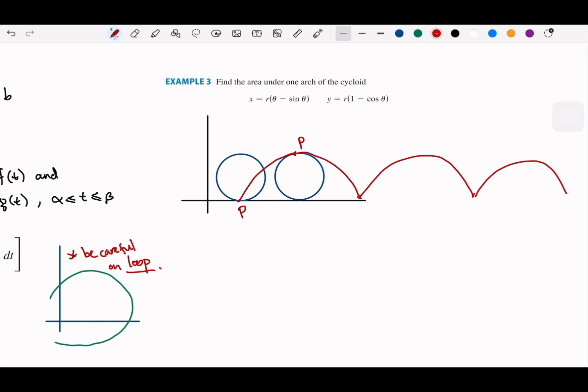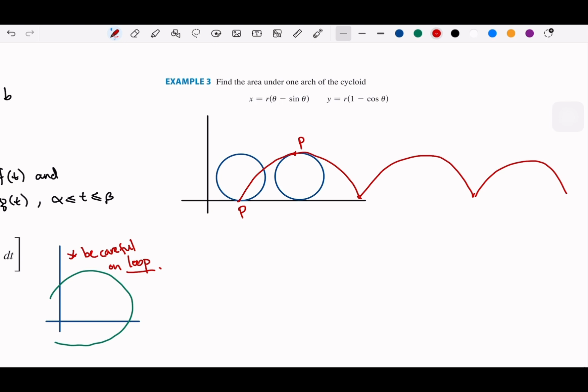And there are some equations derived from this cycloid, but I will just give you what they are. x equals r multiplied by theta minus sine theta, and y equals r multiplied by 1 minus cosine theta. If you are interested in learning more, maybe later I will provide an additional video on how to get this formula.